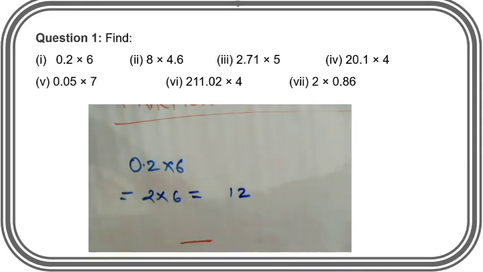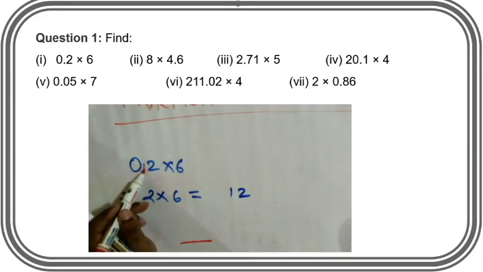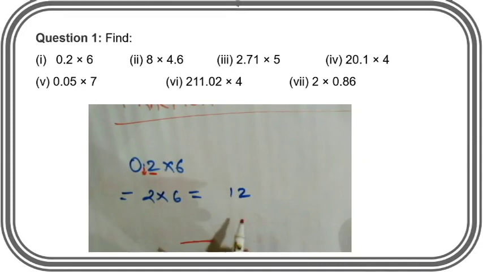Then see, where is your decimal? There is our decimal, and after this decimal we have one digit. Similarly, take the number and after it put the decimal. So our answer becomes 1.2.